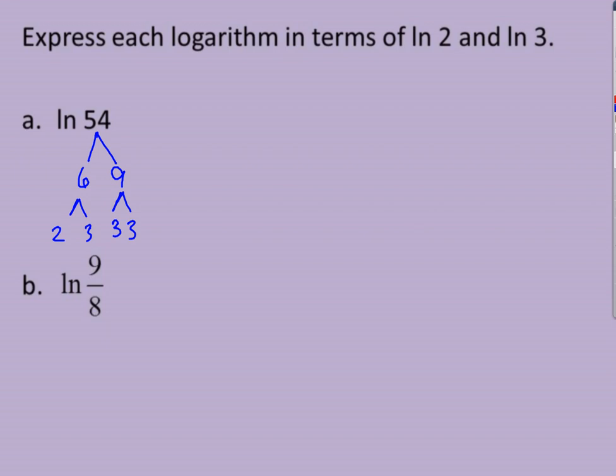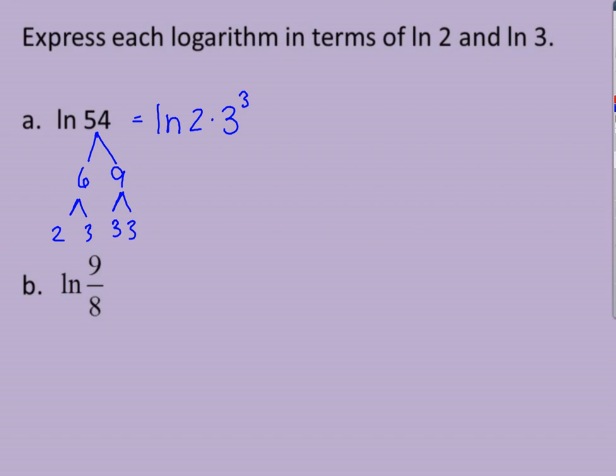So we can rewrite this as the ln of 2 times 3 to the third, because 2 times 3 to the third will get us back to 54. Now from the properties we just looked at, we know we can change multiplication into addition.